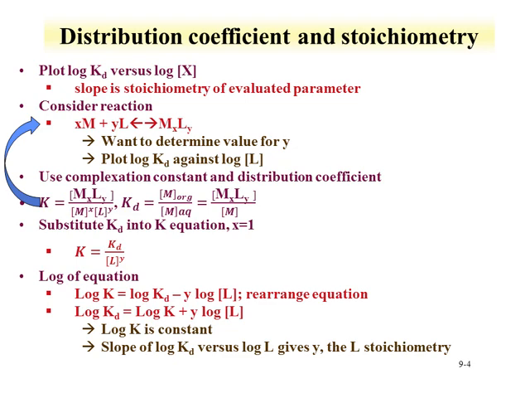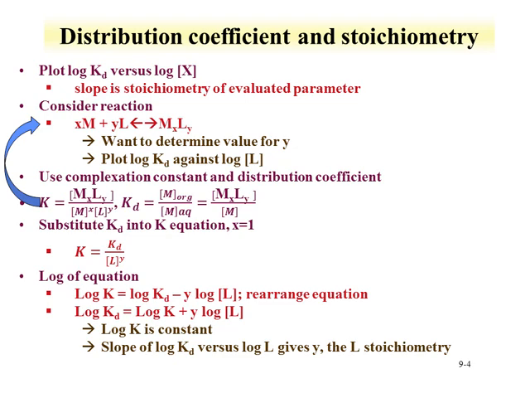For this example, we can substitute the KD into the equation for K. We assume that X is equal to 1, and we get a relationship where the complexation constant is equal to the KD divided by the concentration of the ligand to Y, the stoichiometry of the ligand.